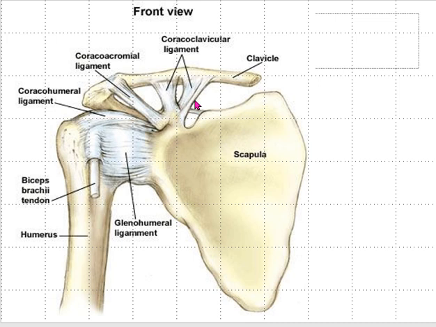It has two parts, conoid part and trapezoid part. So now the summary of attachments of the coracoid process. Three muscles: coracobrachialis and short head of the biceps from the tip of the coracoid process, and from the superior border, superior surface, pectoralis minor. Three ligaments: coracohumeral, coracoacromial and coracoclavicular ligament.